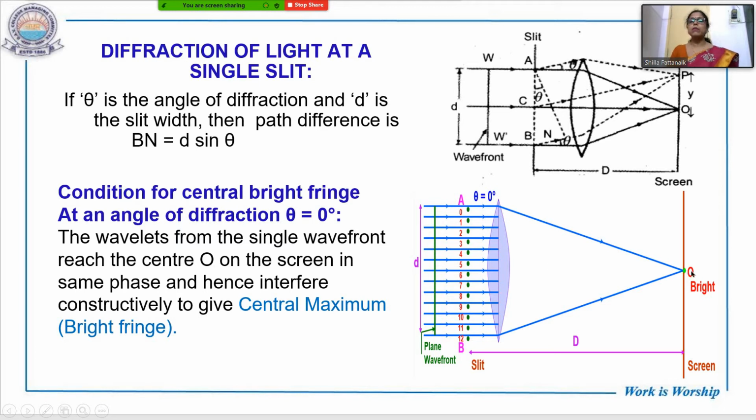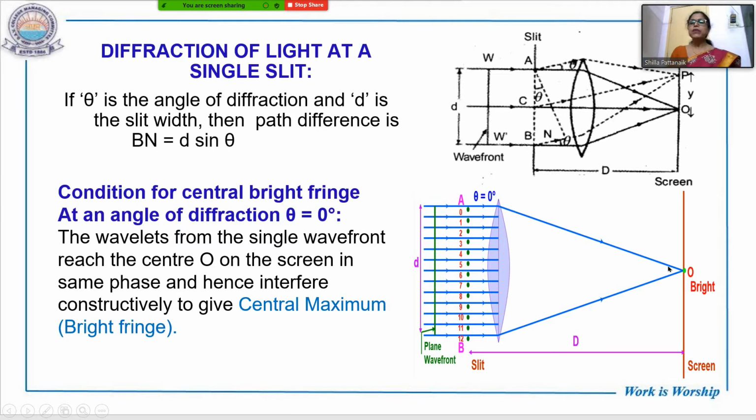Both are covering equal path. So path difference is 0. When path difference is 0, what type of interference takes place? Constructive or destructive? Constructive interference. So you will get a bright fringe or maximum. So the central point will be a bright fringe. It is now clear to all of you.